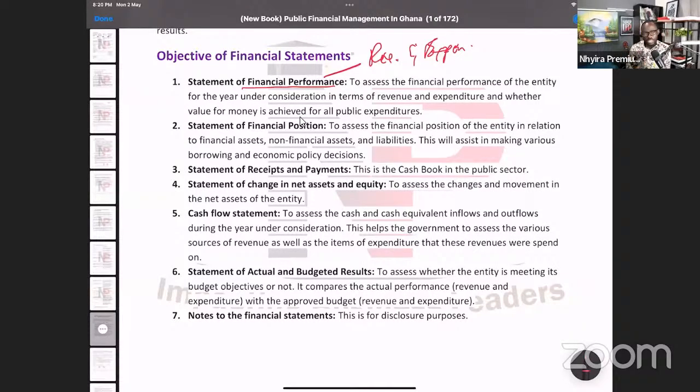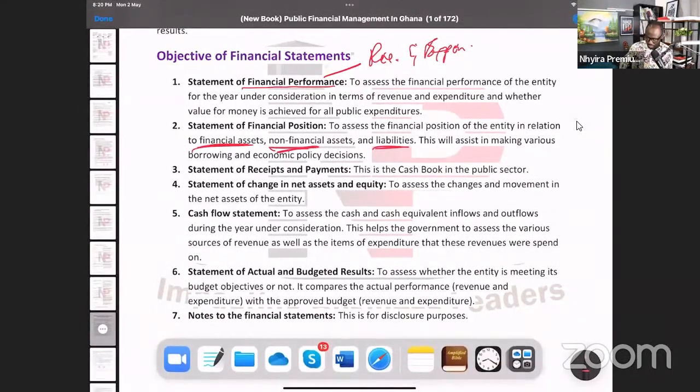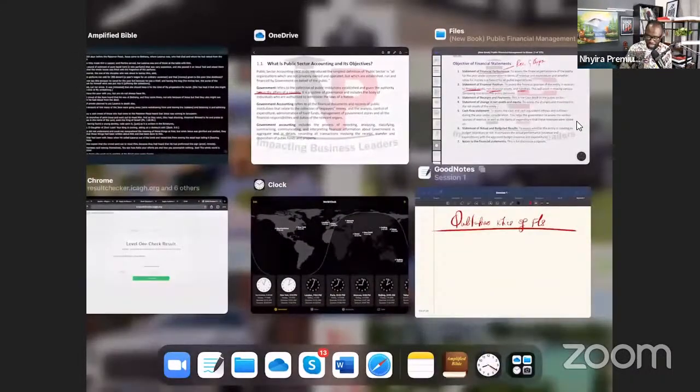Then we come to the statement of financial position. Now, the statement of financial position is another statement that shows the financial assets of government, the non-financial assets, and then liabilities. We're going to get into some of these a little bit later in our discussion.